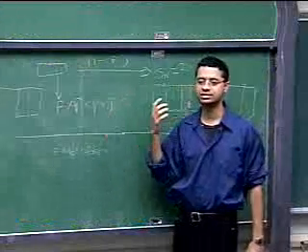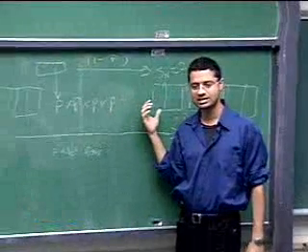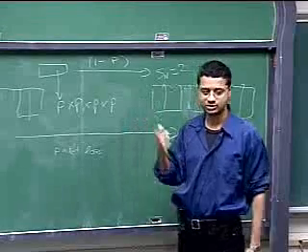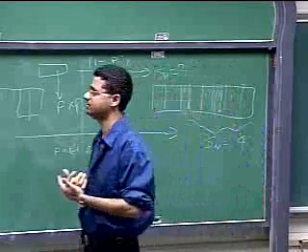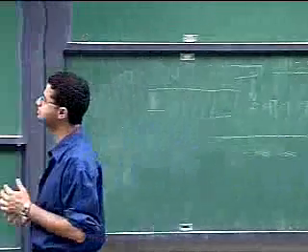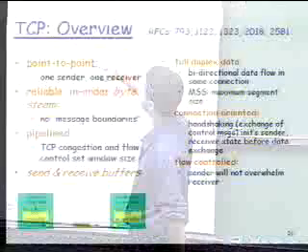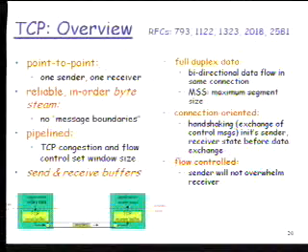In a TCP connection, once your connection is established, data flows bidirectionally. There is no notion of a sender and a receiver. We'll get to the connection oriented bit later. There is a maximum segment size associated with TCP, which is the maximum size of the packet.